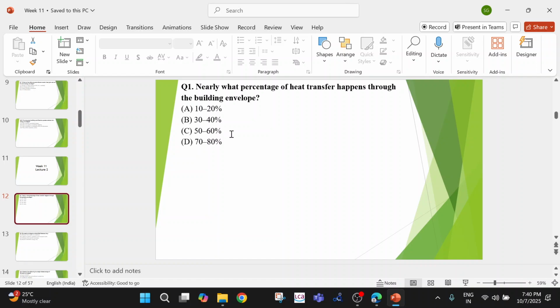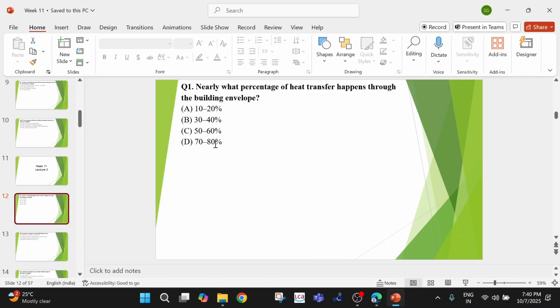So option C, not 70 to 80. It is not going to 80. It's around 50%. You can say it's above 40, so it's around 50. So option C will be the most appropriate answer. All of you have marked it correctly.